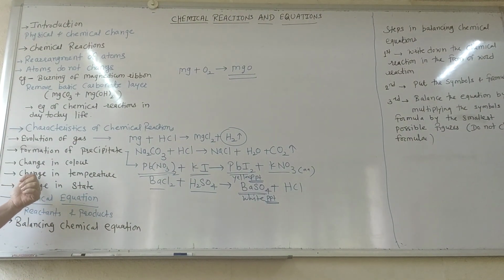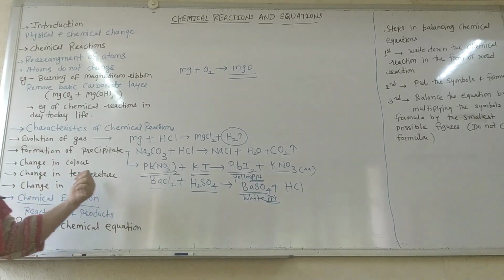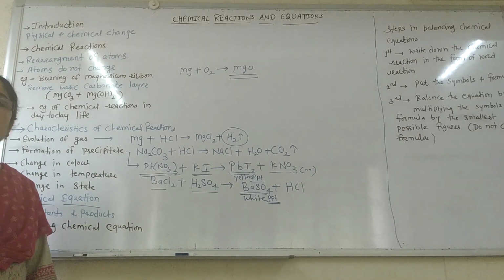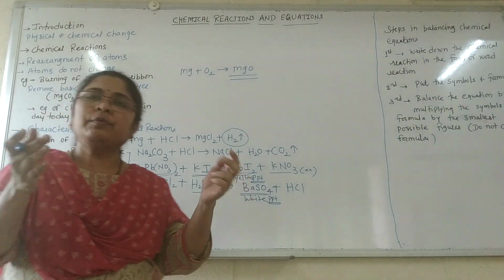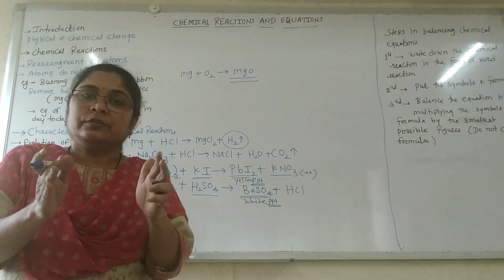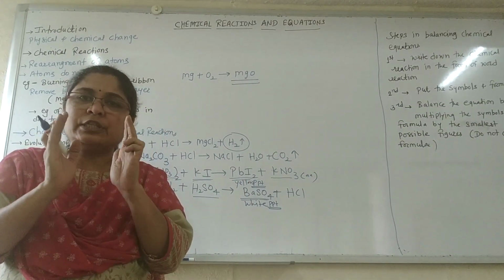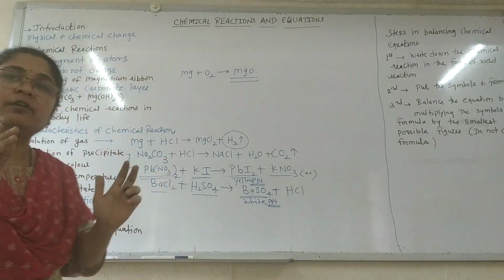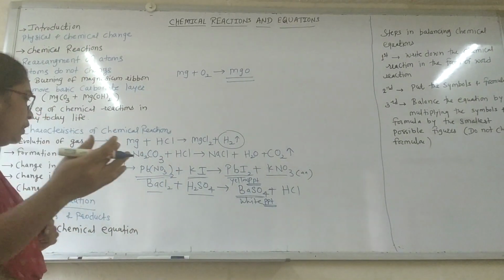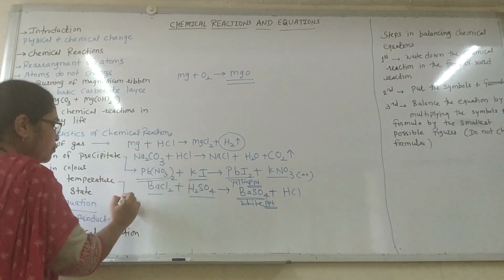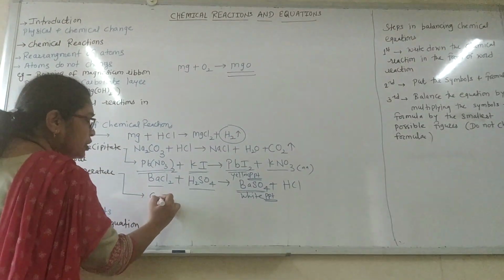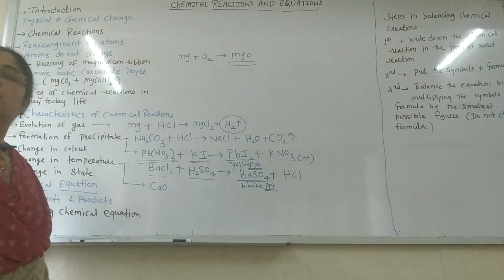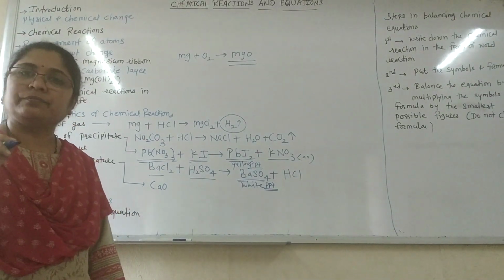The next characteristic is change in temperature. Change in temperature means whenever the chemical reaction occurs, the product formed is a little bit warm. Here heat is evolved. Let's see the example for this. Calcium oxide, which is known as quicklime.